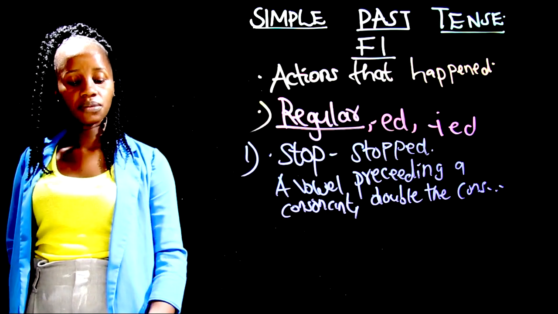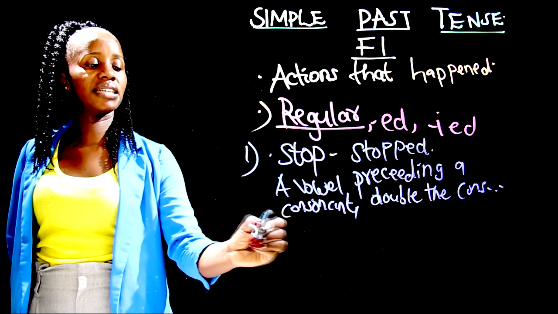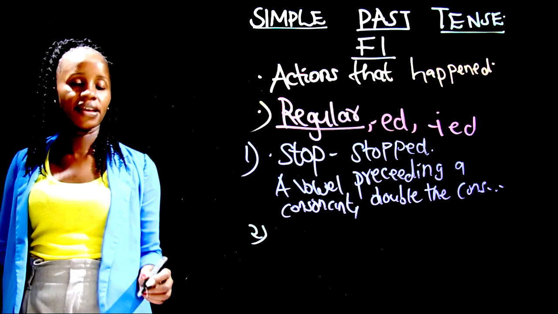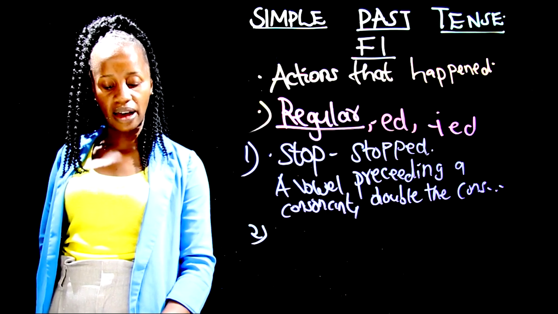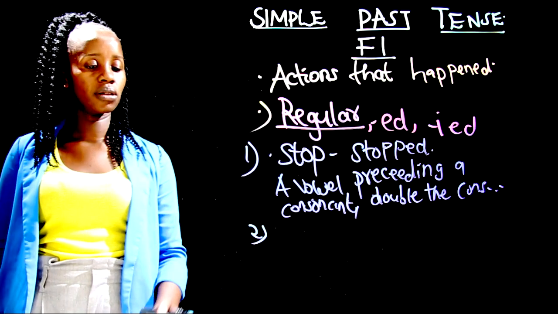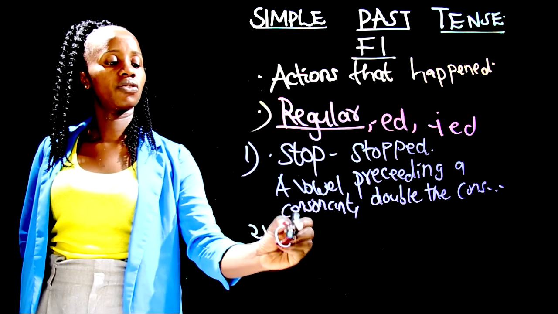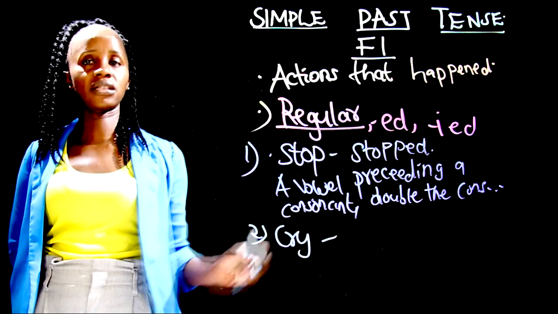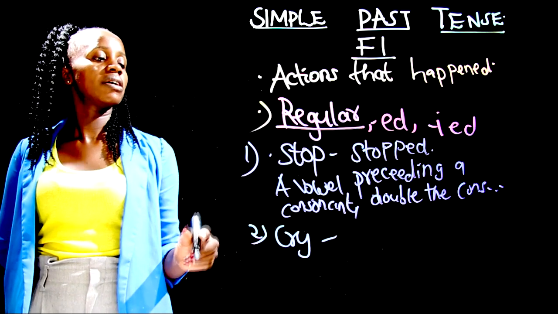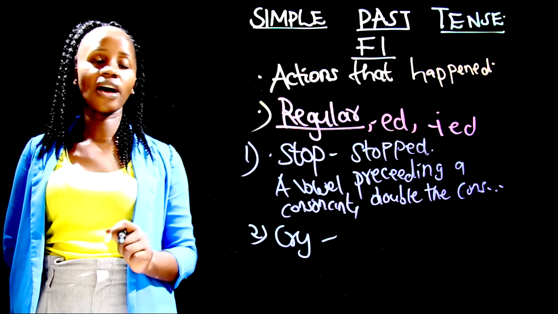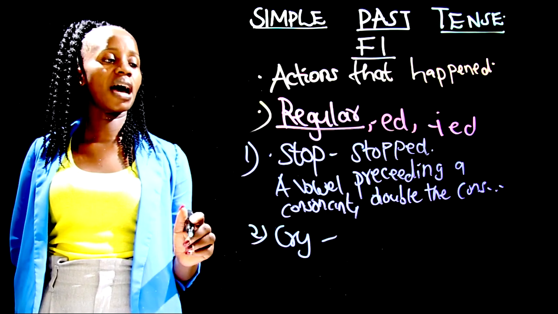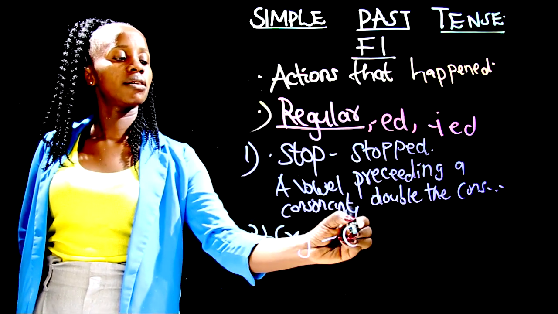What about if a word ends with Y, for example, cry? What is the past tense of cry? The past tense of cry is cried. How will we write it?